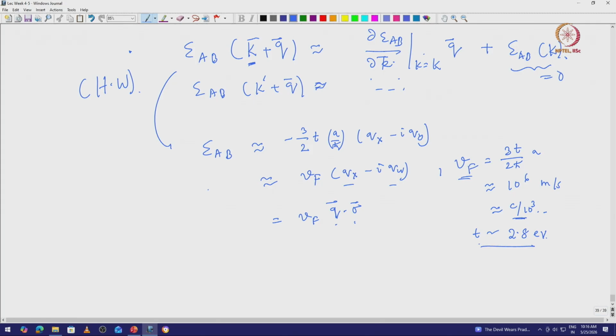So we are actually in the relativistic limit indeed. And around the K prime point, it will be vF times qx sigma x, but instead of minus you will have a plus.